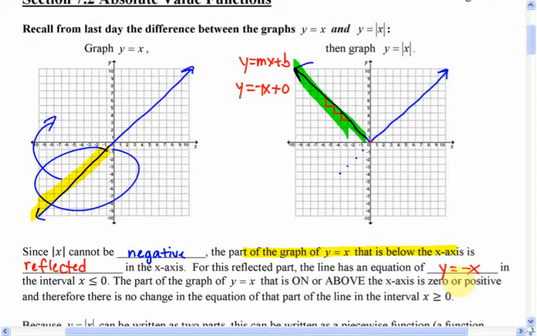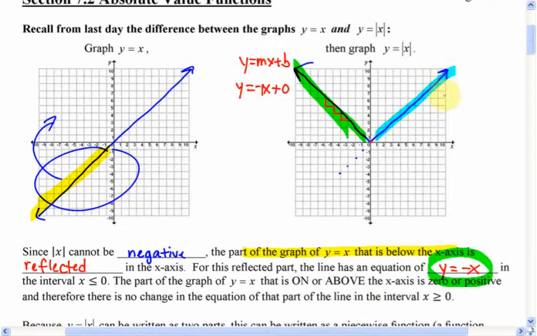So what I want you to understand here is that, hey, that V-shaped graph actually has two parts. The part to the left of that 0 is the part in green, which is y equals -x. And how would I describe this part over here in blue? Well, underneath I said the part of the graph which is y equals x, that is on or above the x-axis, where there was no change, is this part in blue.